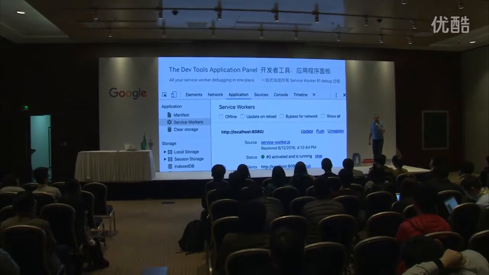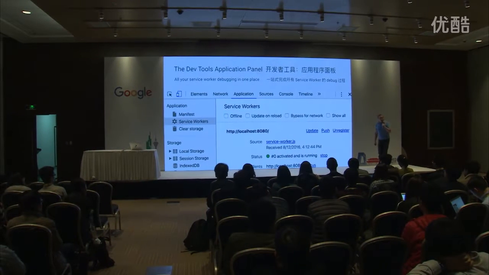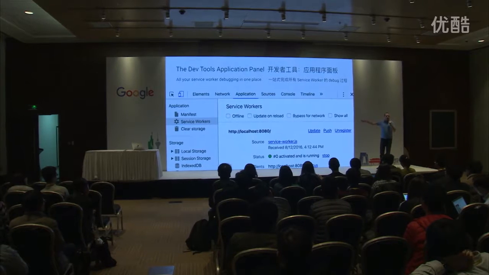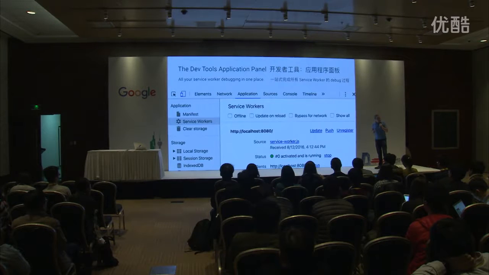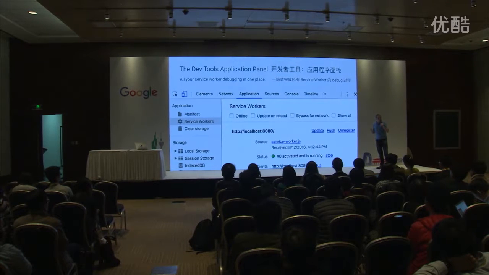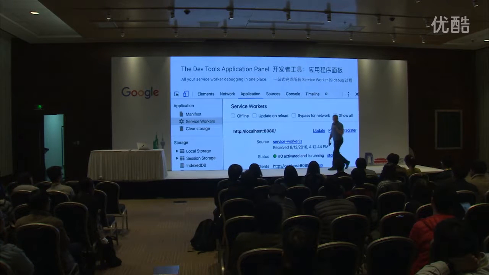If I reload the page and I get a new service worker and it takes control right away, that number will get bumped up. So you can always tell, oh, hey, hang on, I updated my service worker, but the old one is still running because the number hasn't changed. That's just one of those really helpful little bits that I like.